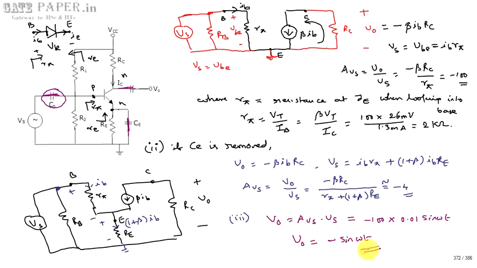So whenever CB is shorted, the output voltage is equal to minus sin omega t, given Vs is 0.01 sin omega t.